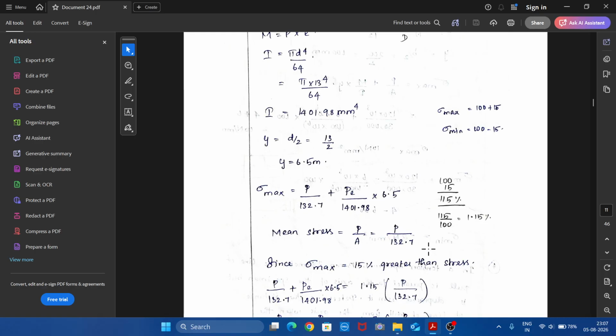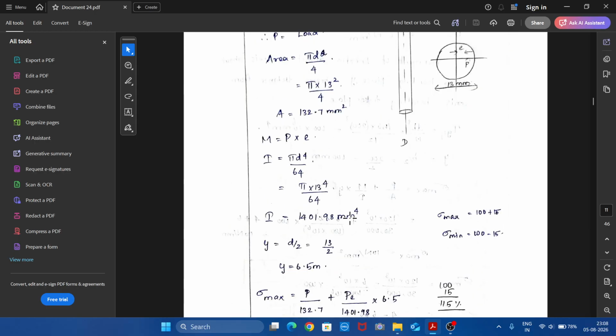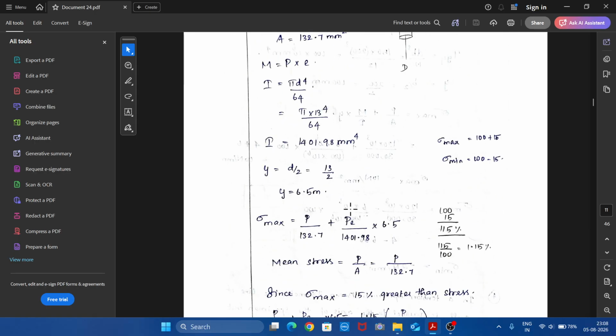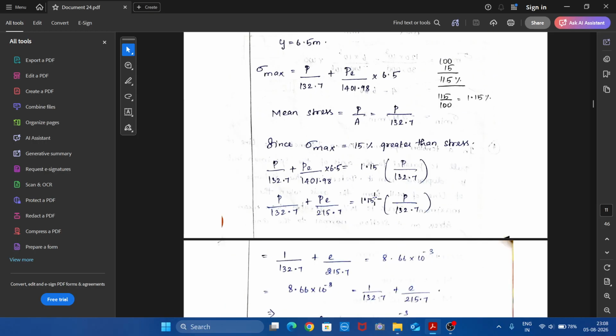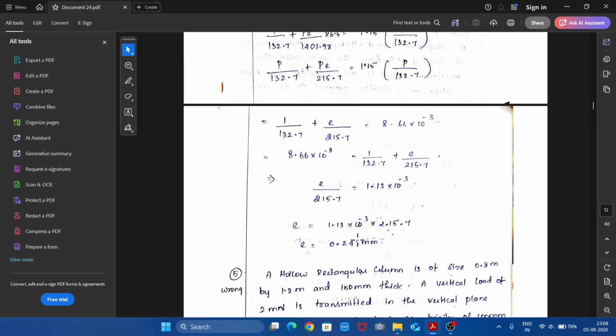So 1.15 times P by 132.7 will be the maximum stress. We have already found maximum stress using this relationship. So equating these two, P by 132.7 plus P by 140.98 into 6.5 equal to 1.15 into P by 132.7. Therefore, P will get cancelled and we can find the value of eccentricity, which is 0.243 mm.